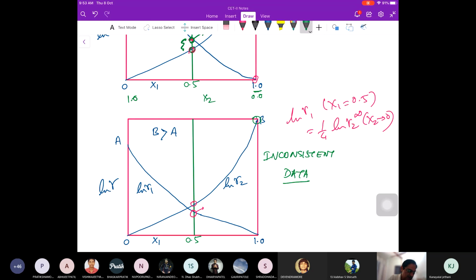And if it stays above, then it is not possible. So geometrically they must have proven that this is the case. If the ln gamma 1 curve comes below the ln gamma 2 curve, then this is not possible, then it is inconsistent data.